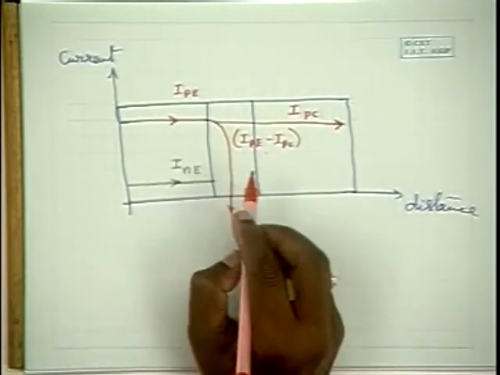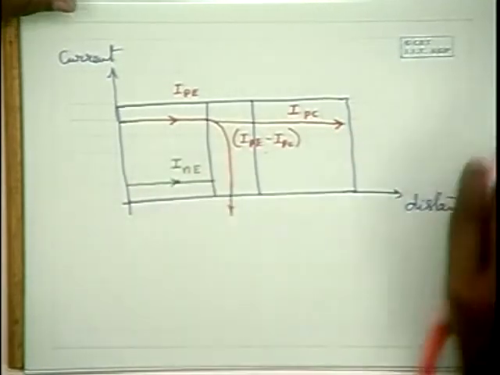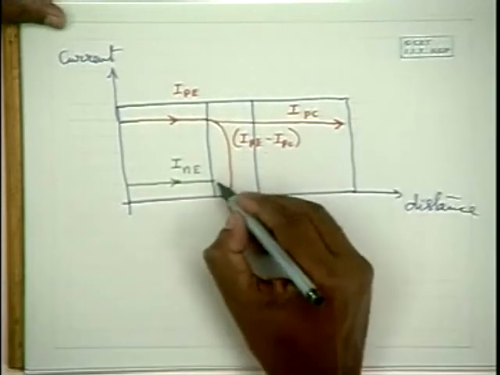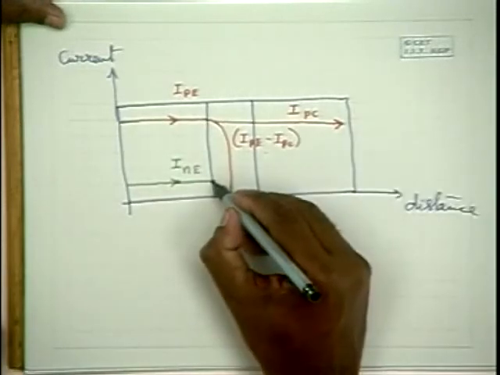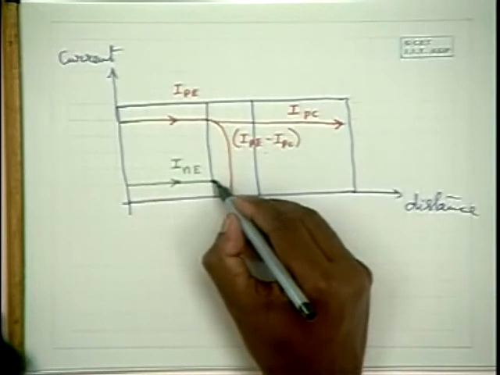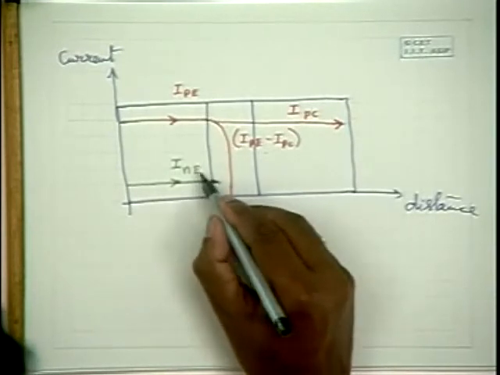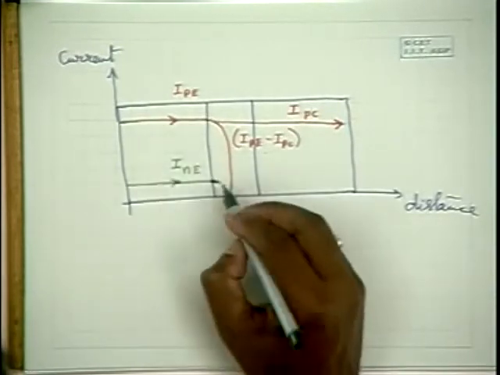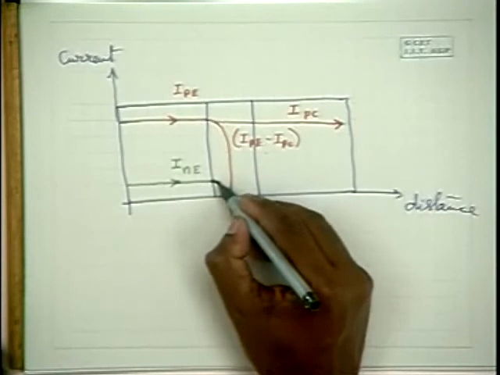This is the diffused part of the charged particles, and this particular current is because of the diffusion from the base side into the emitter side.